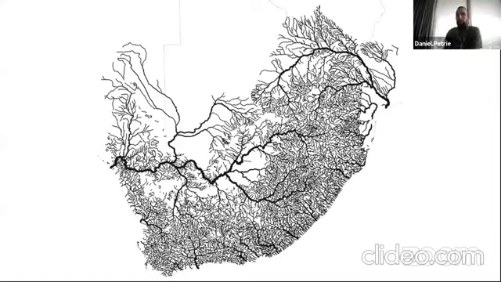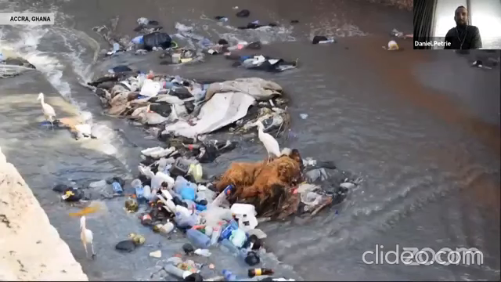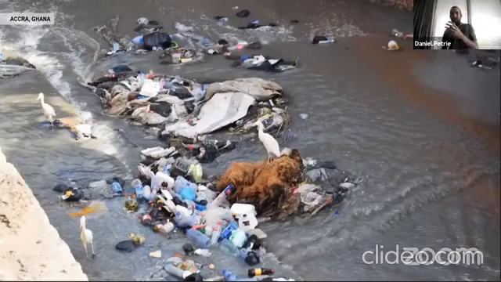But we don't often give rivers that kind of respect. We sometimes view them more as a way to transport pollution away from us, or to try and keep where we are clean, but if the river can just take everything away, that'll be great. So that's a big concern.